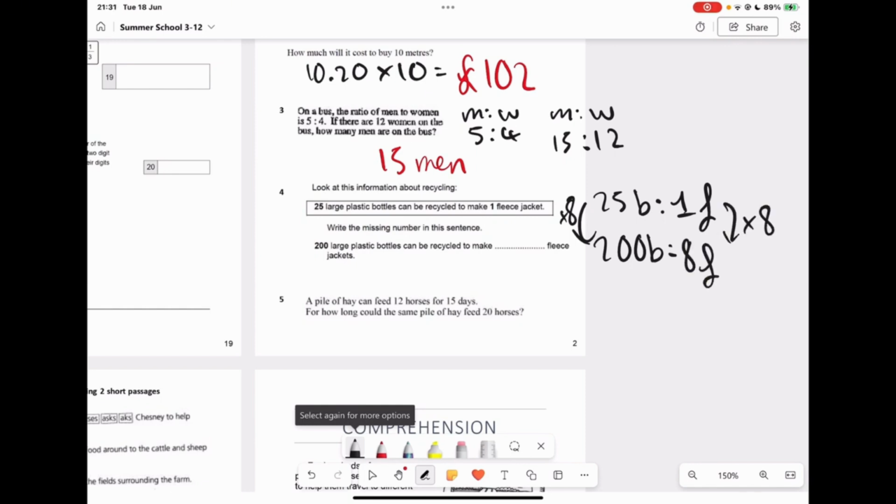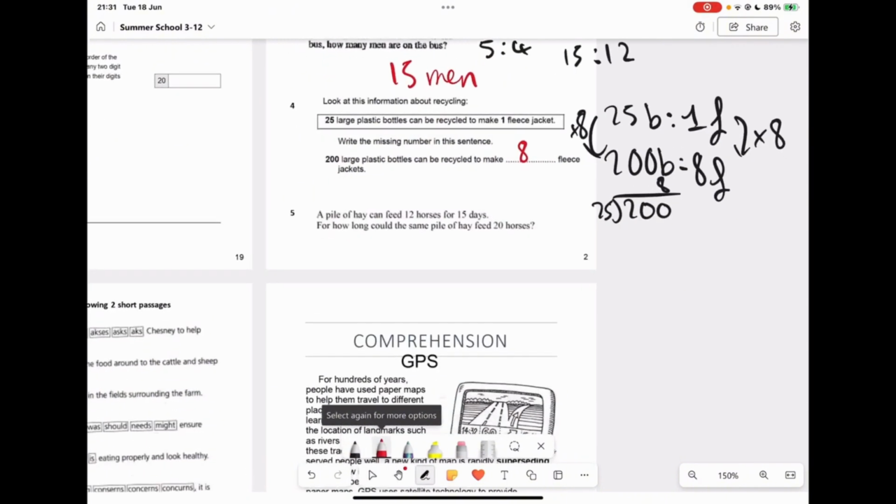So also you could do 200 divided by 25, which will give you an answer of 8 as well. So you could do that too. And that will give you the answer of 8 fleece jackets.